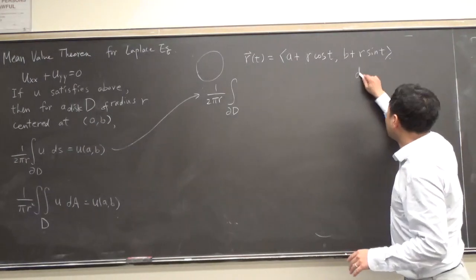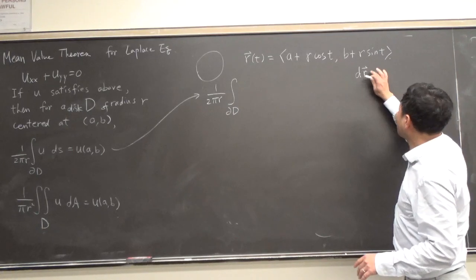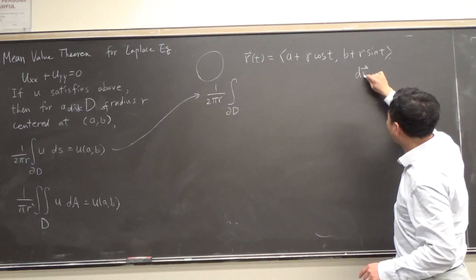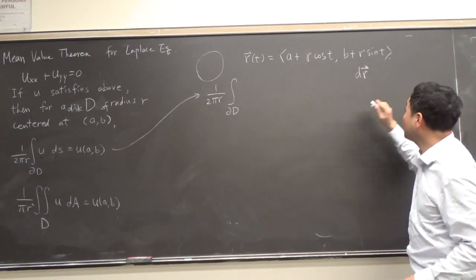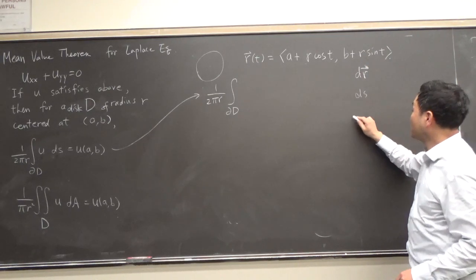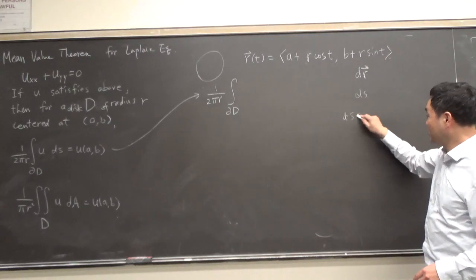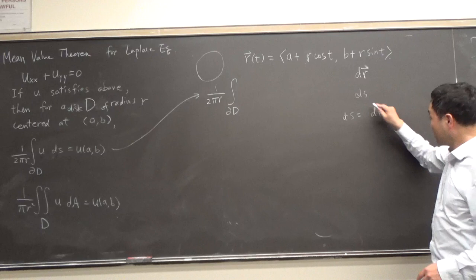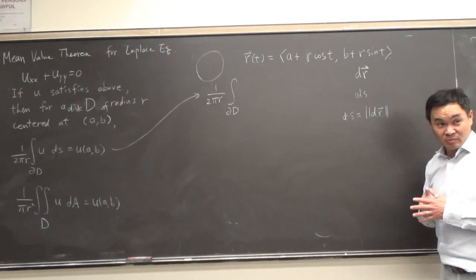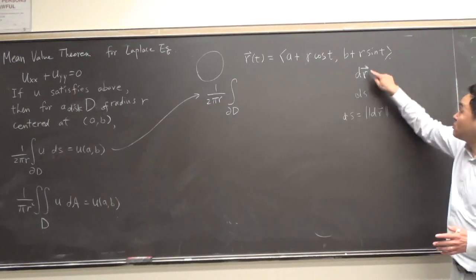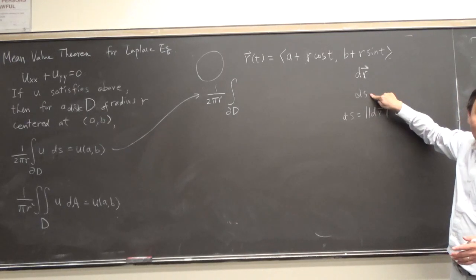There's the one with dr, and people often write this out without the arrow on top, but it's really r with an arrow on top, and ds, where s is the arc length, change of arc length, so ds is really the magnitude of dr, taking the scalar of it. So this is a vector, whereas this is a scalar.